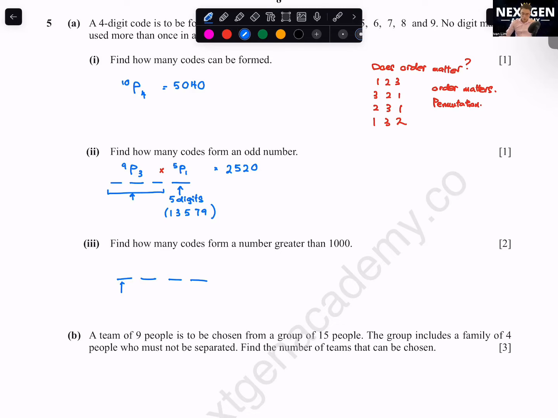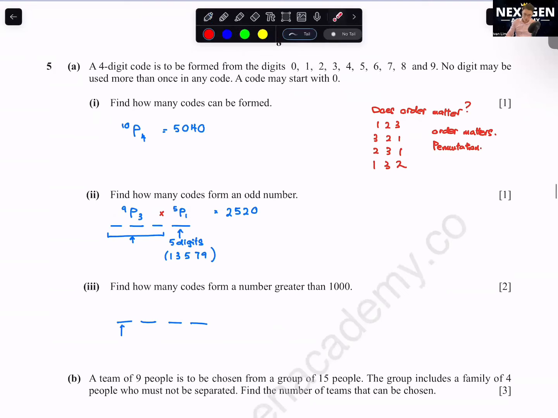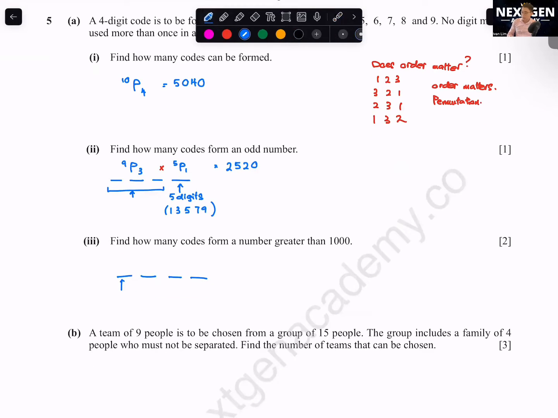Okay, think carefully. So, can I start with 0? Cannot, right? Can I start with 1? Can start with 1, right? Because all the others are non-zero digits other than this. So if I start with 1, all this number combination will also be bigger than 1000. So here I will have 9 digits that I can put, any digit that's more than 0.